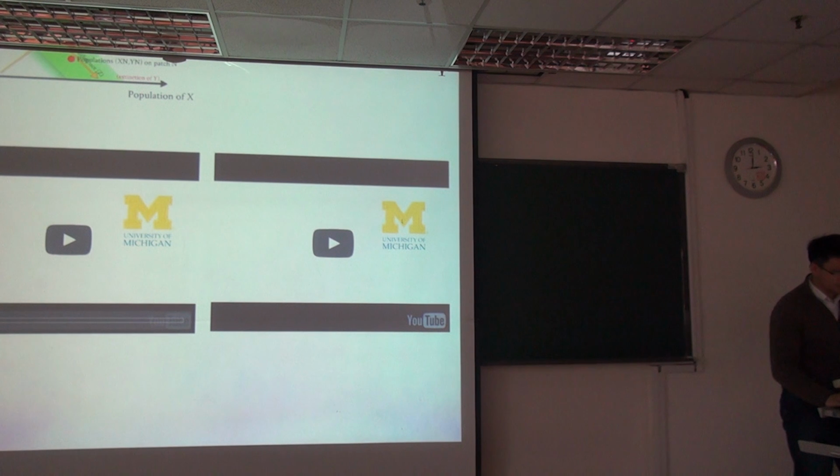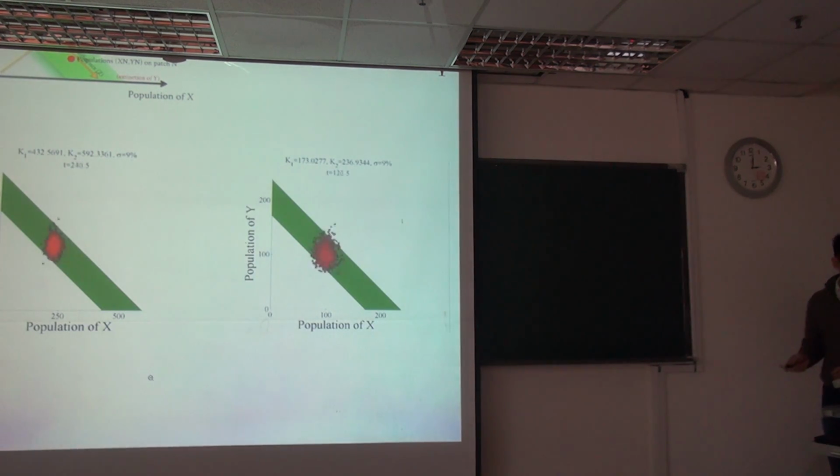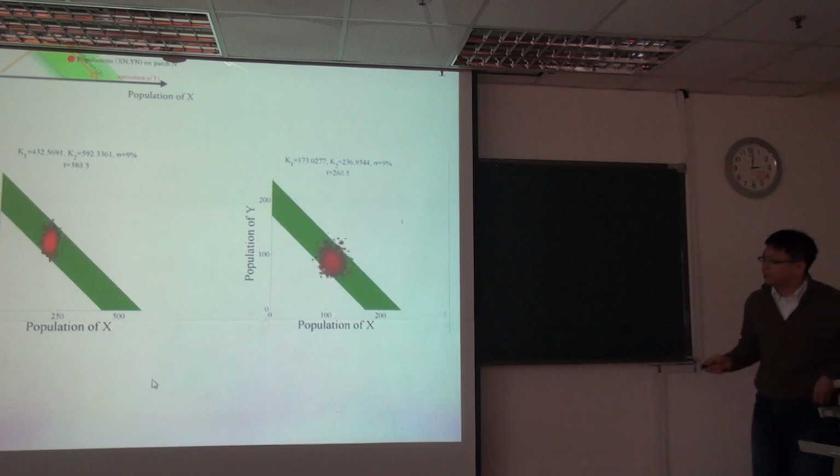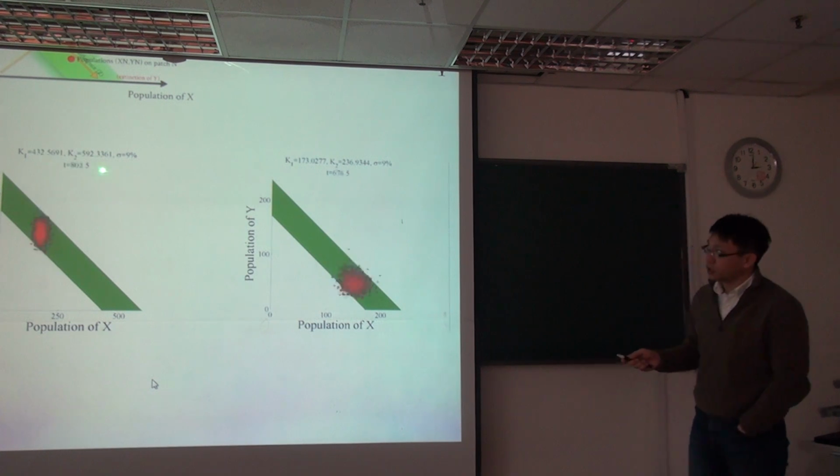Once again, the left-hand side is the overall population scale per patch, around 500, and the right-hand side is around 200. So this is what you see. Species X is moving faster than species Y, and here T is roughly the generation.